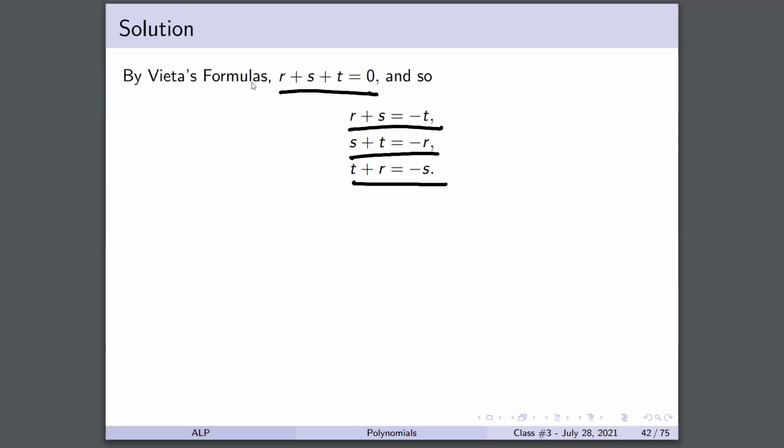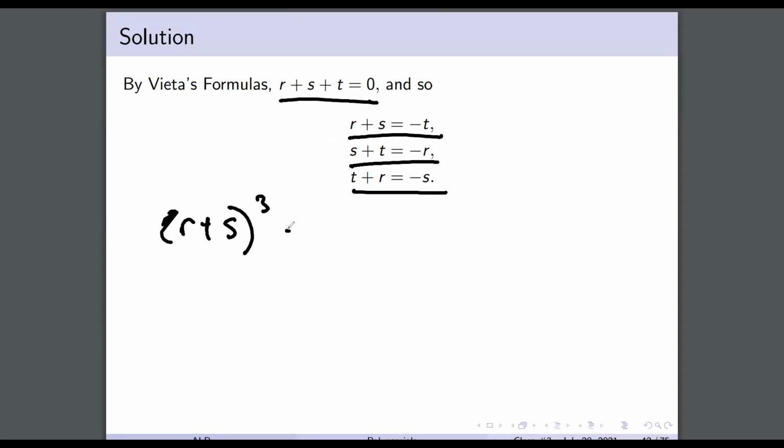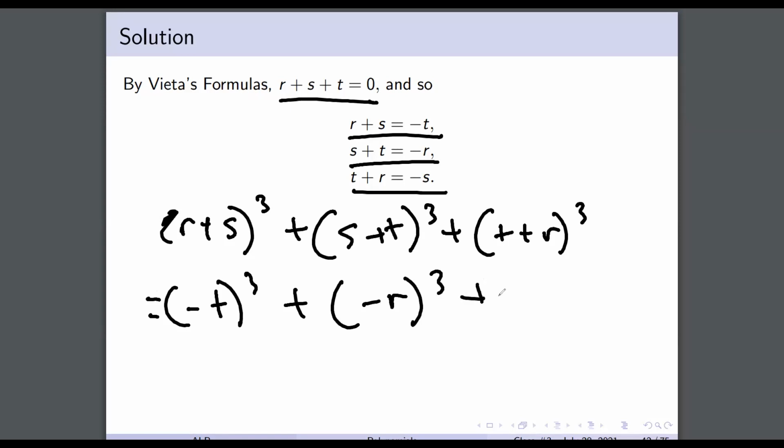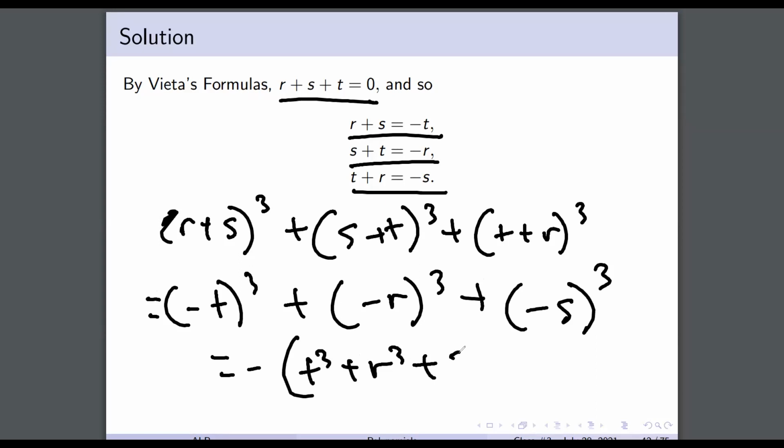So we can now see that (r plus s) cubed plus (s plus t) cubed plus (t plus r) cubed equals negative t cubed plus negative r cubed plus negative s cubed, which equals negative (t cubed plus r cubed plus s cubed). And this is much simpler for us to deal with.